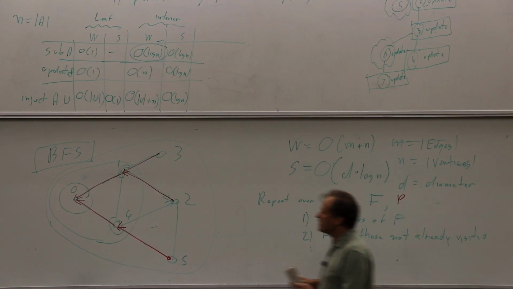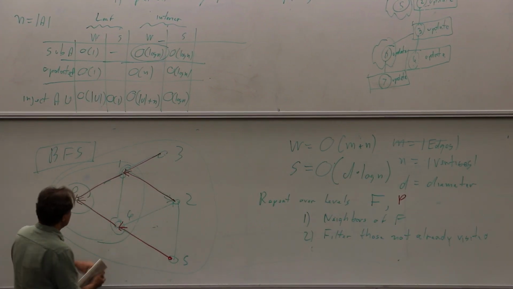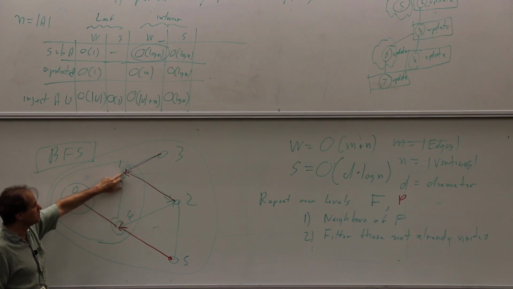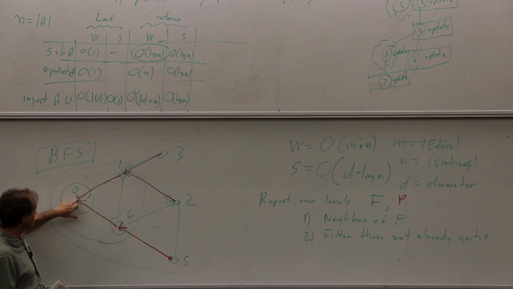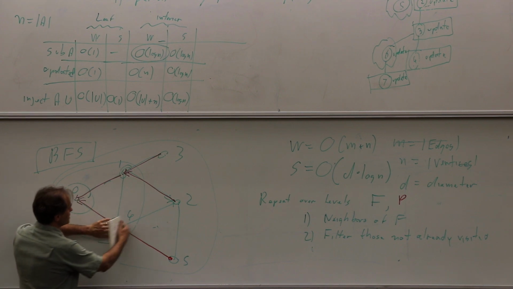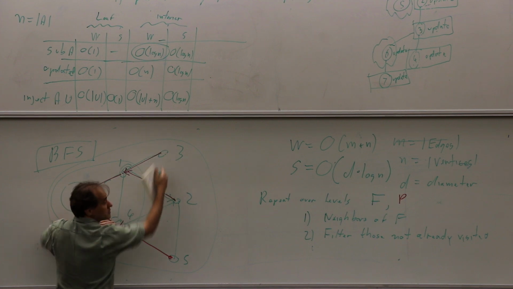Because when I find the neighbors of this frontier, let's say 1 and 4, well, 1 is a neighbor of 4, but I've already visited it. Or there could be a back pointer to 0, and 0 I've already visited. I don't want to keep those. Ultimately, the only ones I want to keep are these 3, right?